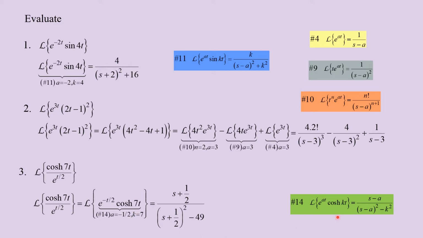So just substitute a by negative half and k by 7, and we get the result for the Laplace transform: s minus a, s minus negative half, that gives s plus a half, divided by (s plus a half) squared plus 7 squared, which is 49. This is the result for the Laplace transform of cos 7t divided by e to the power of half t.